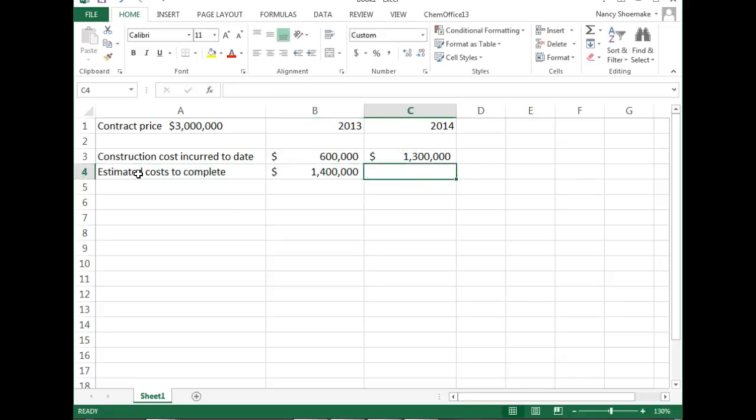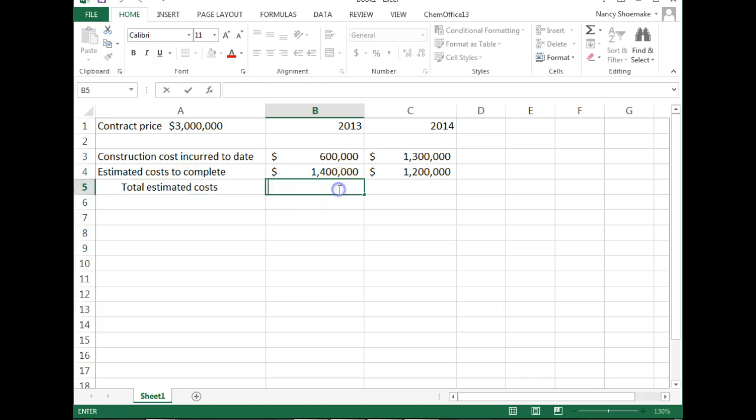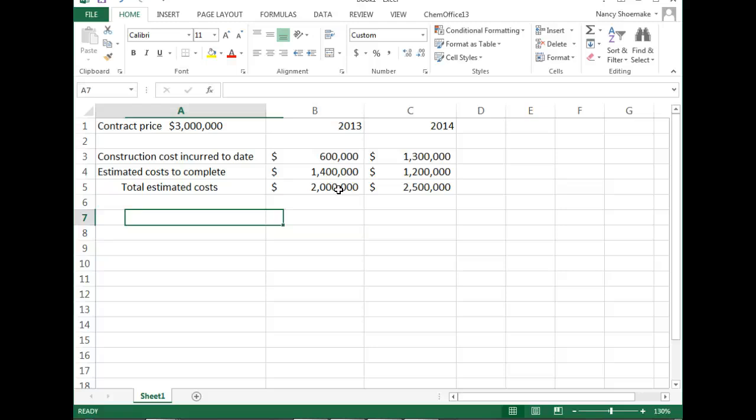And in 2014, 1,200,000. We've got total estimated costs. Here it's 2 million. Here it's 2,500,000. Who's with me so far?